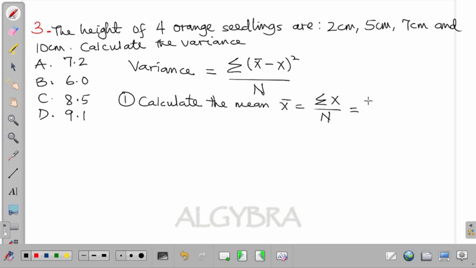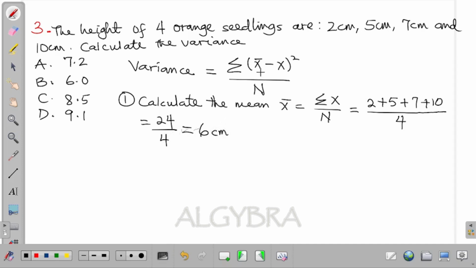So we have 12 plus 5 plus 7 plus 10, all divided by the number of samples, which is the number of terms we have here: 1, 2, 3, and 4. So 12 plus 5 plus 7 plus 10 is equal to 24 over 4. And 24 over 4 is equal to 6. Therefore, the mean is 6 centimeters.